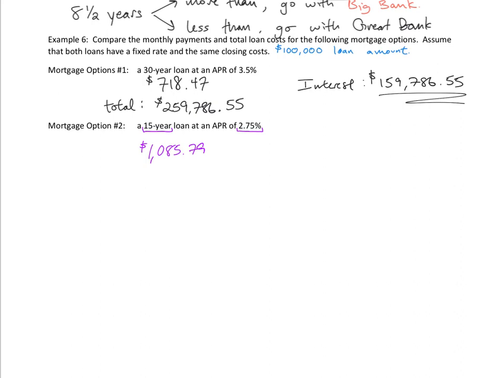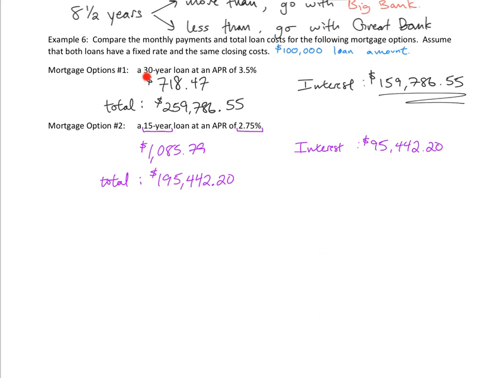We're only going to multiply by 15 to get a total of $195,442.20, which means you would pay a total interest amount of $95,442.20. So the clear benefits of getting a 15-year mortgage at a lower interest rate is that lower interest rate, first of all, but you would save about $65,000 in interest, and you'd have your mortgage paid off in half the time.